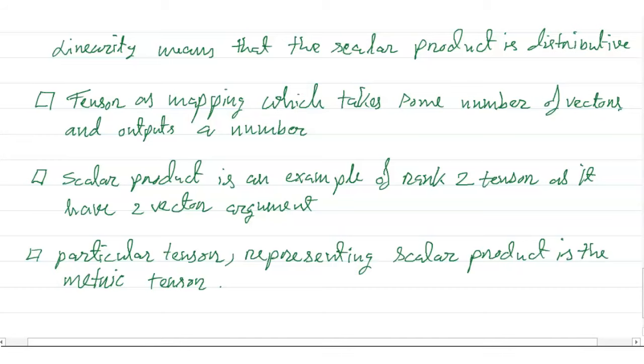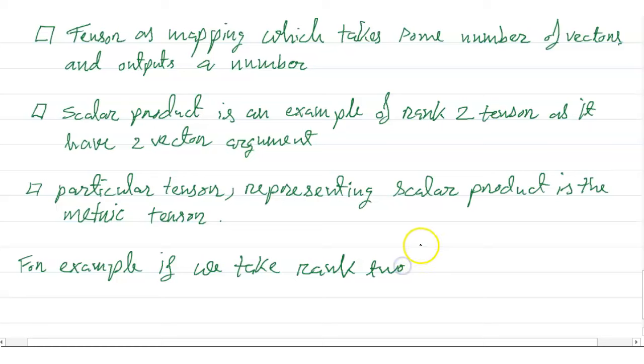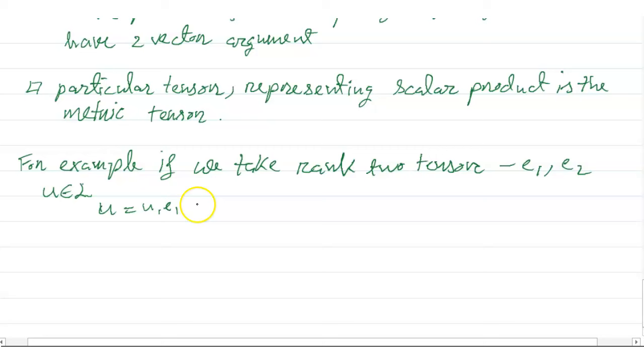Now, for example, if we take rank 2 tensor, E1 and E2, then u can be written, u is a vector and u belongs to L. Then u1 E1 plus u2 E2 plus up to un En.